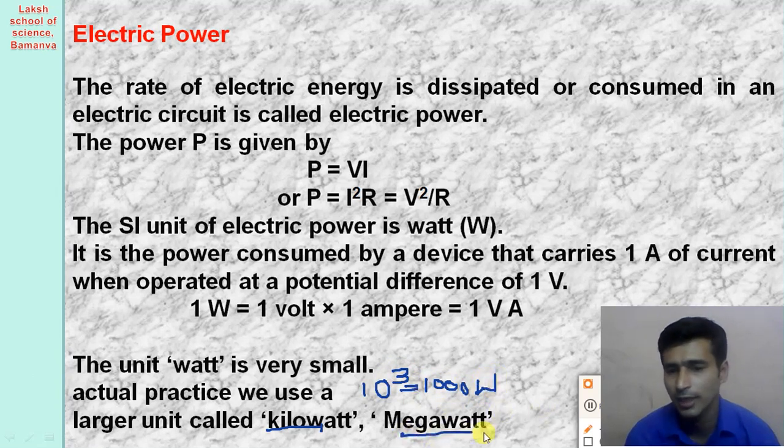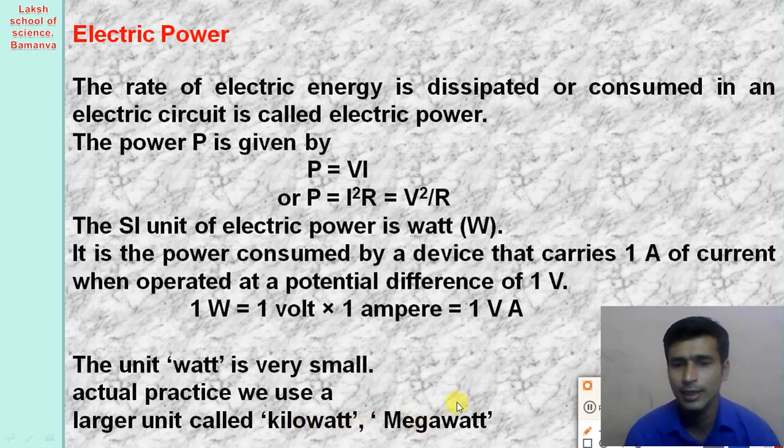So 1 megawatt is 10 raised to 6 watt, that means 10 lakh watt. So kilowatt and megawatt are the larger units of electric power.